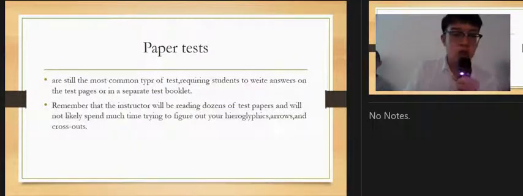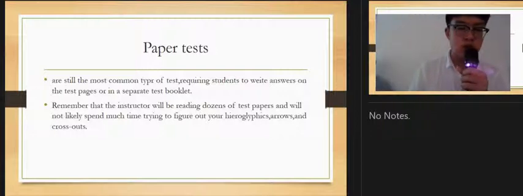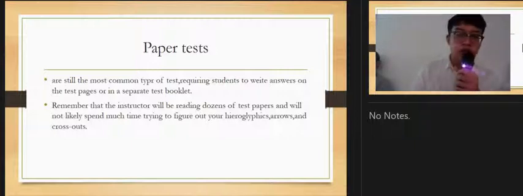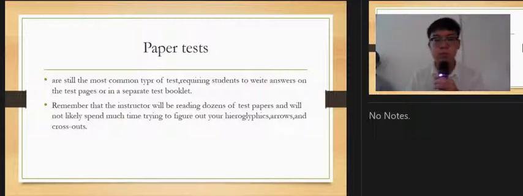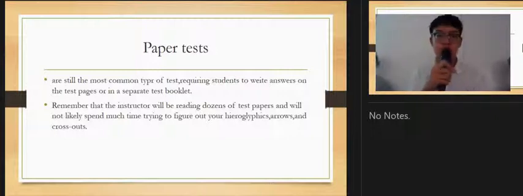First, paper tests are still the most common type of test, requiring students to write answers on the test page or in a separate test booklet. Remember that the instructor will be reading dozens of test papers and will not likely spend much time trying to figure out your hieroglyphics, arrows, and crossouts.